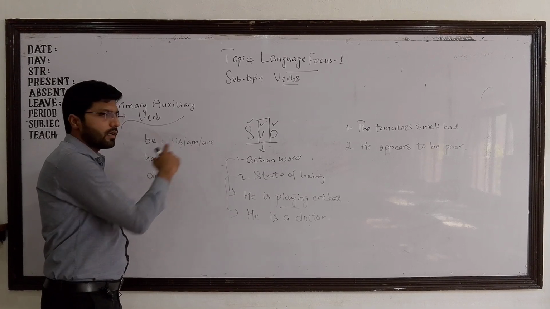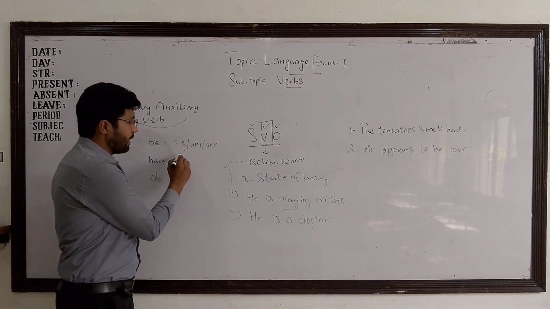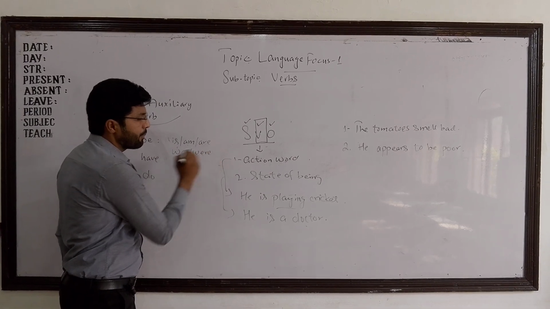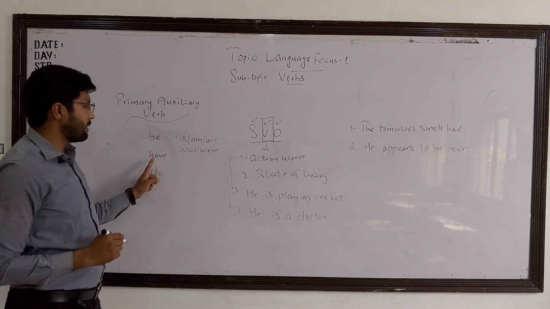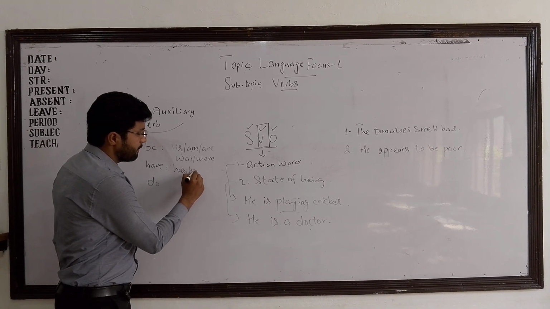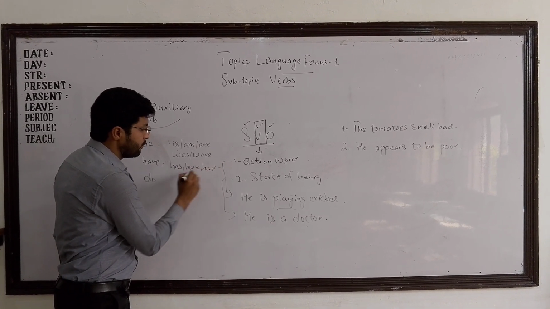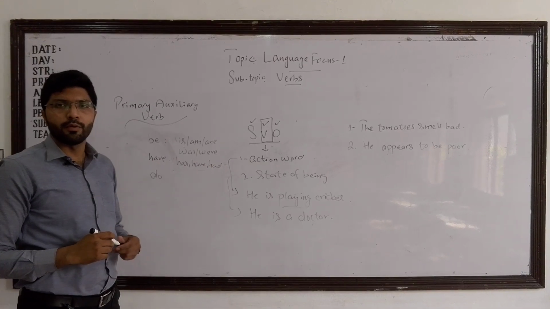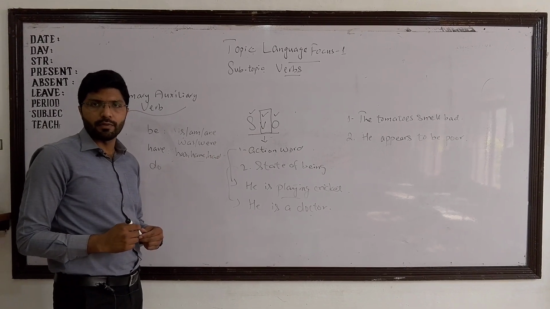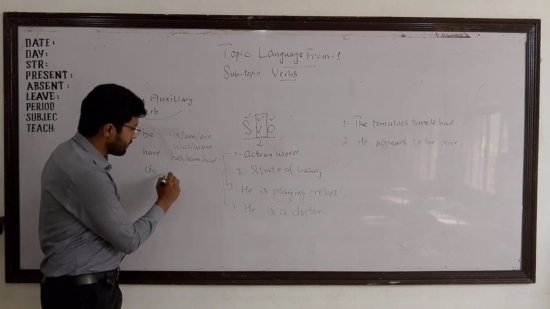We use is and are for the present tense, and was and were in the past tense. And have: has, have, and had. We use has and have in the present perfect tense, and had in the past perfect tense. And the last one is do.